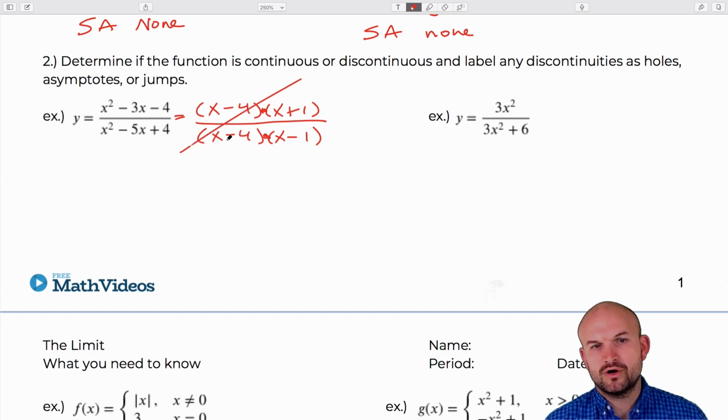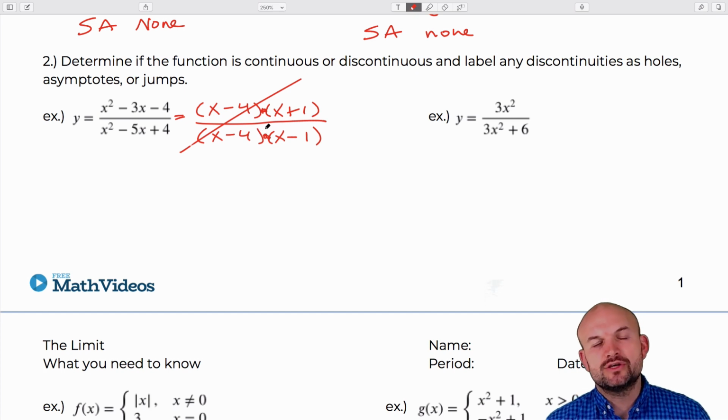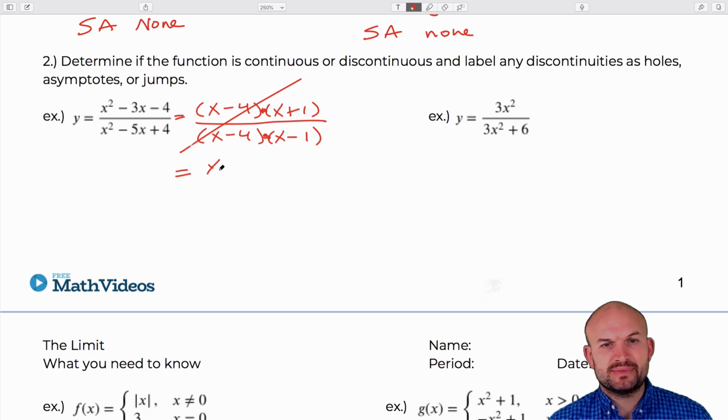So I have an x minus 4 over an x minus 4. They can now be divided out. But you can't just divide the 1 and the -1 and say I'm left with x over x or something. You can only apply the division property when you have your quantities separated by multiplication, which you can see these quantities inside the parentheses are separated by multiplication. So therefore, we're just going to be left with x plus 1 over x minus 1.